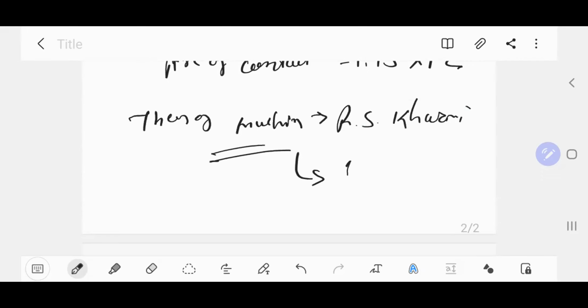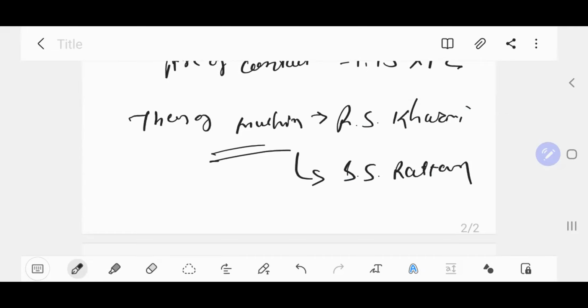The name is the same for both: Theory of Machines, by S.S. Ratan or Khurmi.